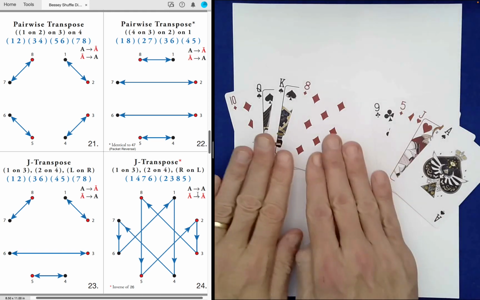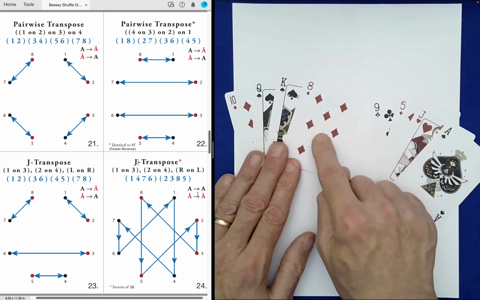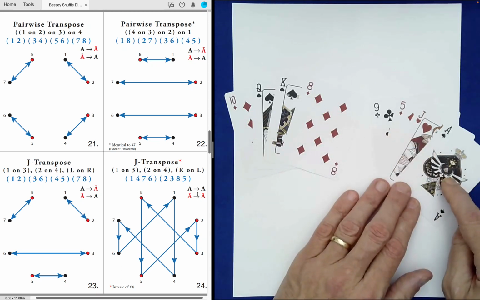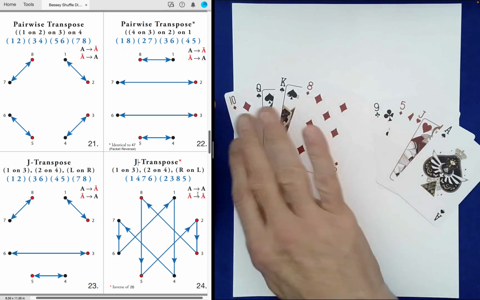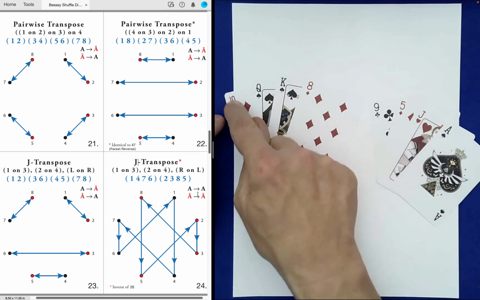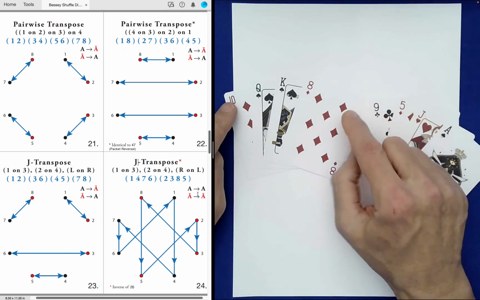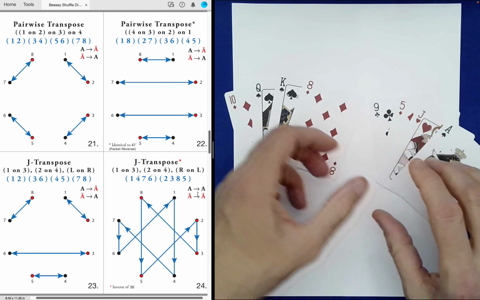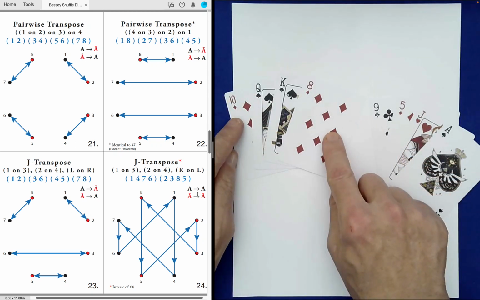So anyway, we're looking under the hood. So this is the color composition of the cards. Same thing here. In particular, notice that we have a red on top. Remember, if we turn the cards face down, this is the top card. That's the bottom. So we have a red on top and a red on bottom. So the Klondike is where you pull off the top and bottom cards off as one. Well, those will get pulled off together.